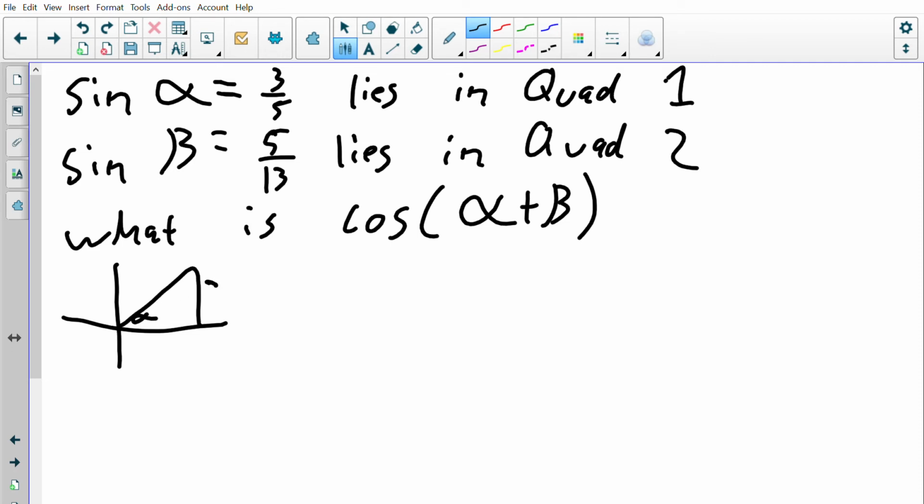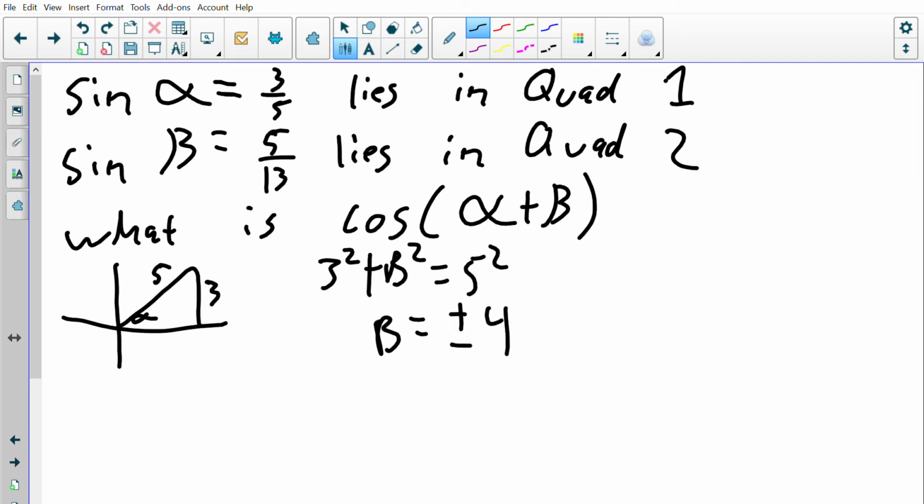And sine means opposite over hypotenuse, which means to find this other side, I would do my Pythagorean theorem. And I would solve for b. And I would find that I would get the square root of 16, which means that b is either positive or negative 4. Because it's in quad 1, it must be positive 4.